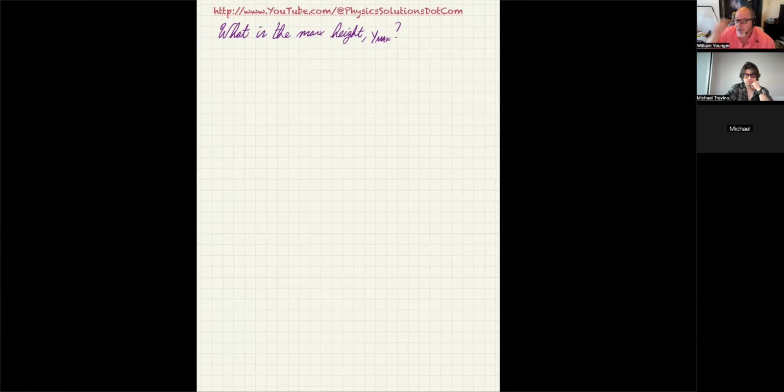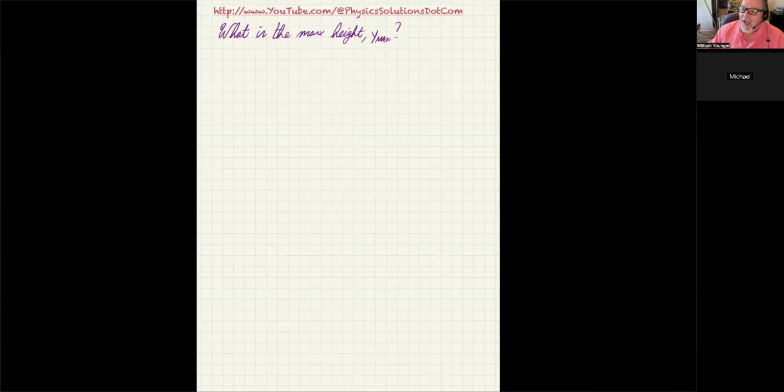Well, we know that y as a function of time has a maximum at y max. So that's one way we could do it. But we also know that the velocity in the y direction would be 0 at y max. So we could use either one of those.